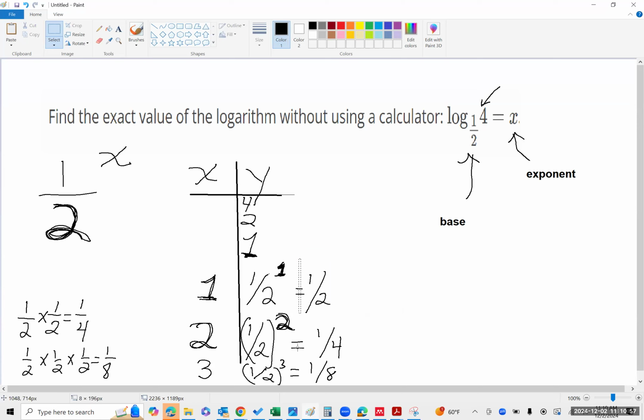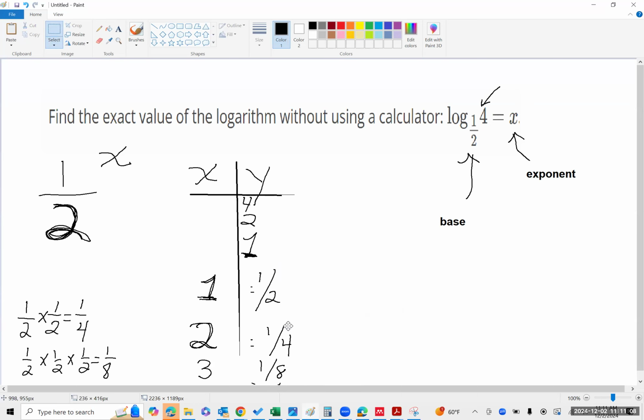I can even remove most of this, and we're okay. Hopefully everybody's following that if you double 1/8, you get a quarter. If you double a quarter, you get a half. If you double a half, you get a 1. If you double a 1, you get a 2. If you double a 2, you get a 4.